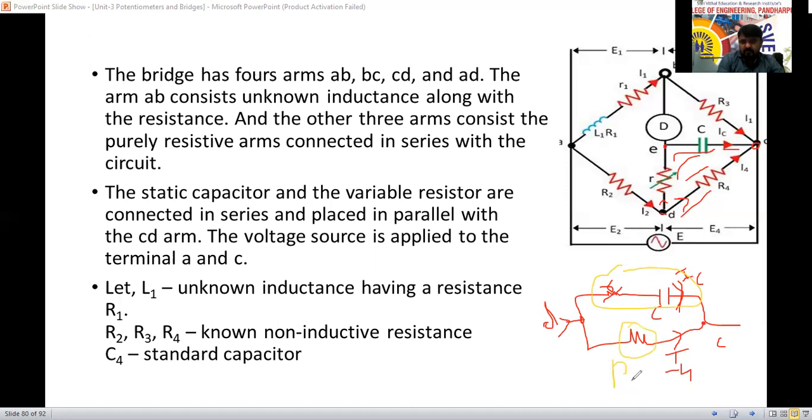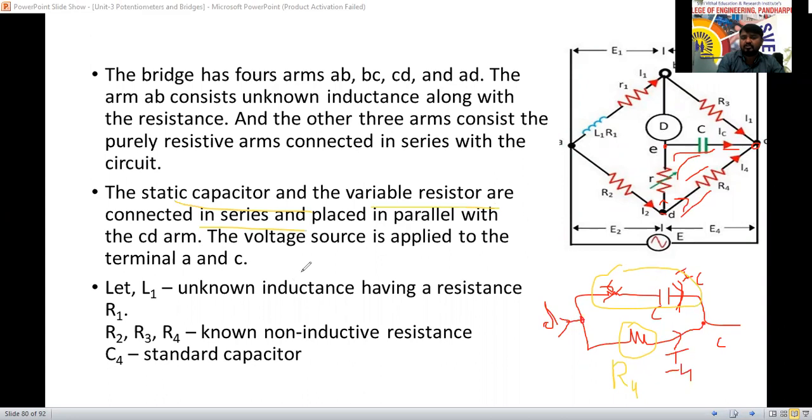That is what I conveyed here. So the static capacitor and the variable resistor are connected in series, in series with the CD arm, and placed in parallel with the R4.